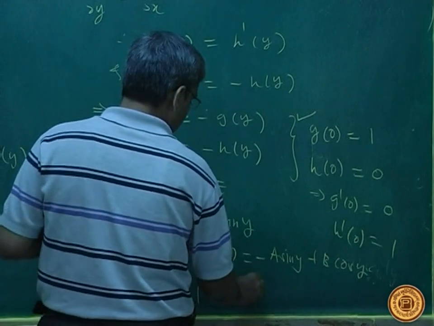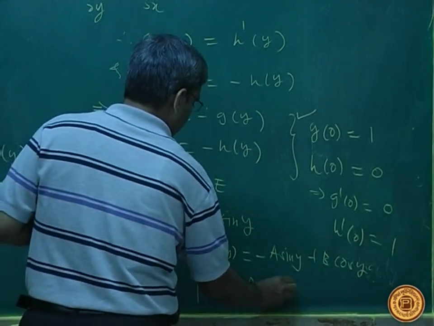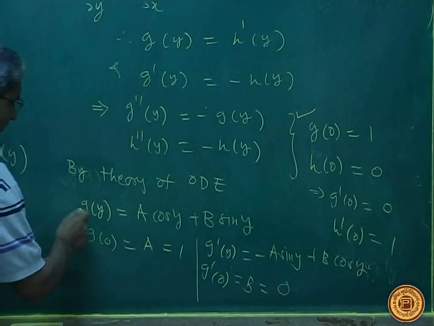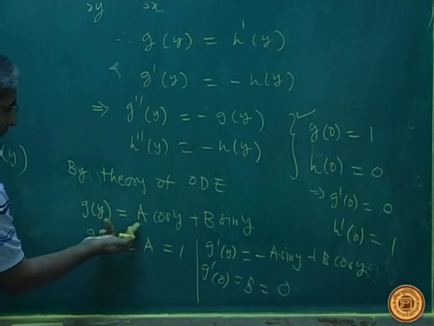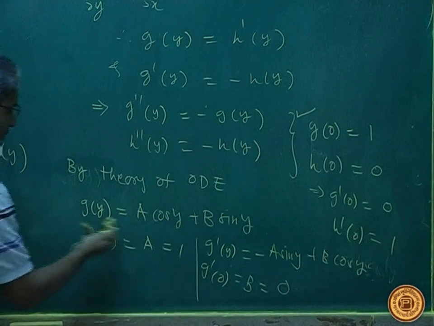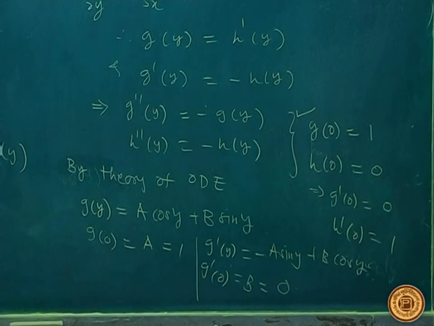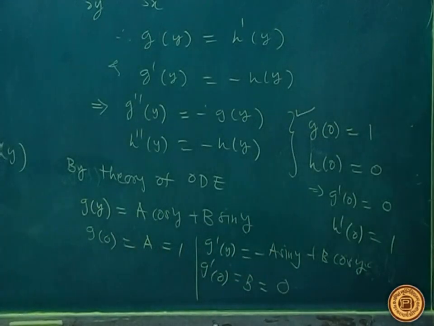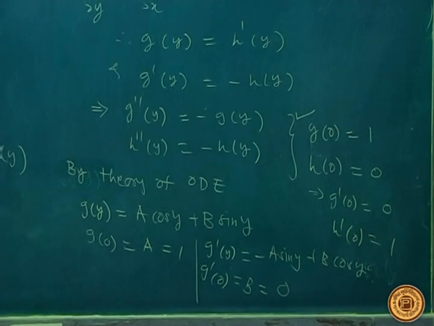You will get b, but g dash 0 is 0. So you get a equal to 1, b equal to 0. So g of y is cos y. I have derived that g of y is cos y.